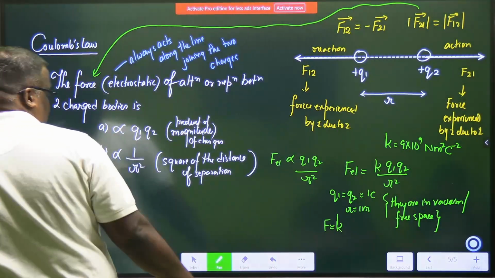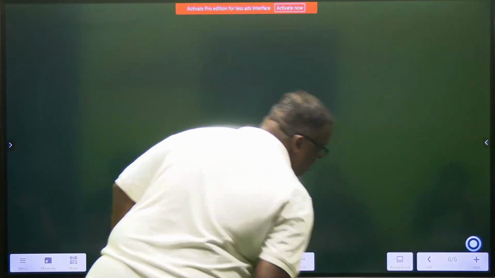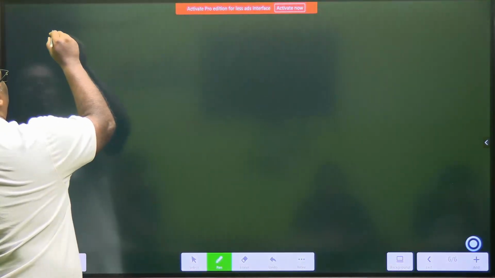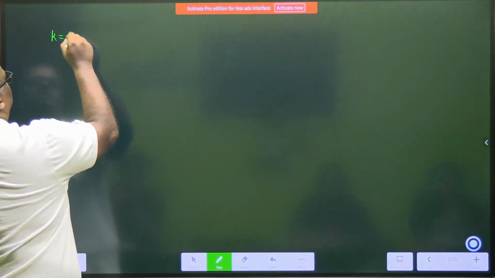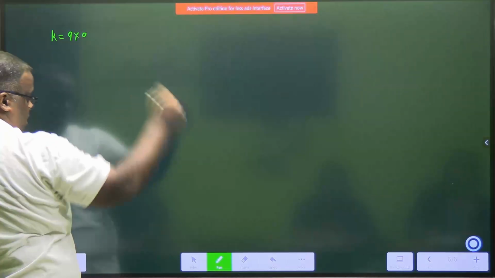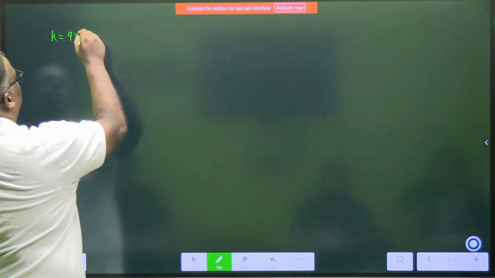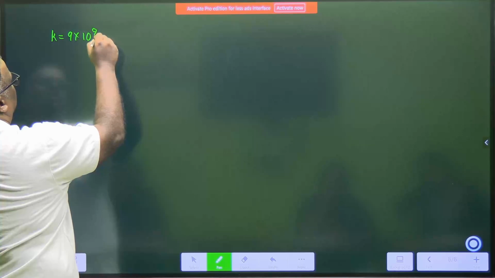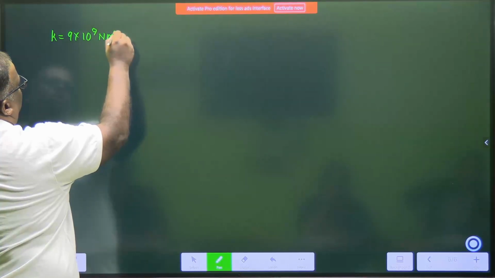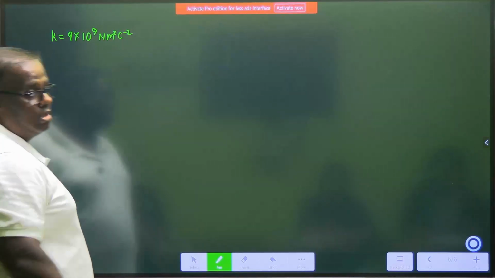Okay. Let's go a little bit more further on this K. K is taken as 9 into 10 to the power 9 Newton meter square Coulomb minus 2. Clear?